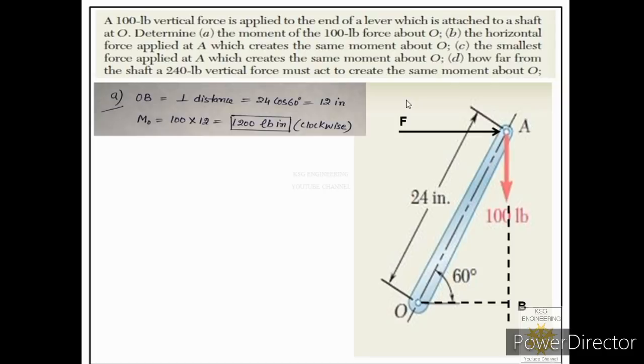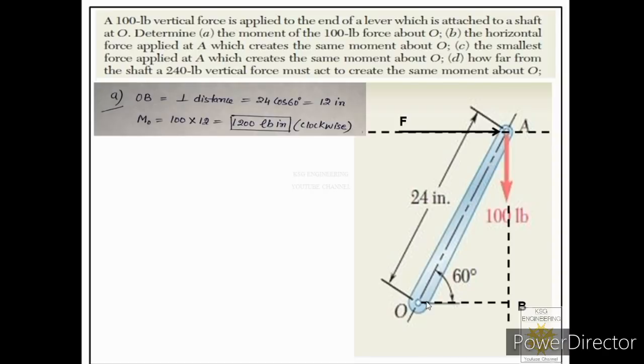So it means now our first step is we have to find the moment arm, that is D, for this particular force about moment center O. So what will we do for that? We will first sketch the line of action of this force. So let us sketch its line of action. So this is the line of action of the force. So in order to find the moment arm, what will we do?